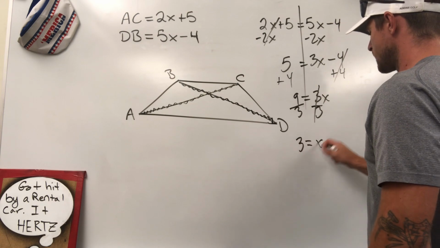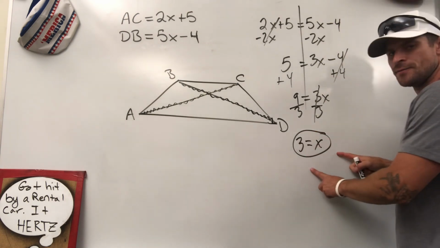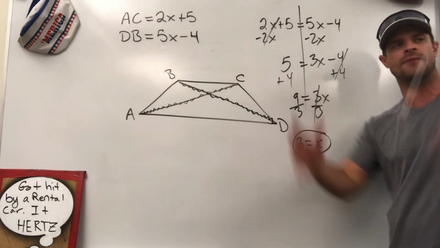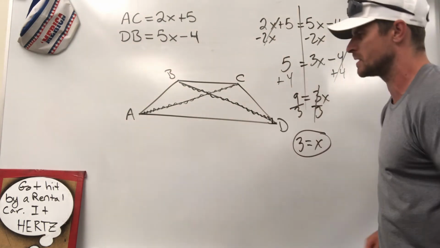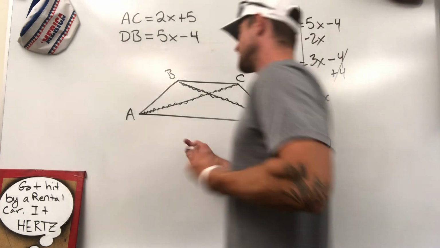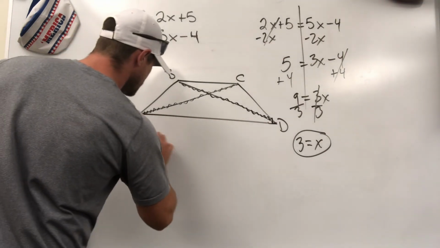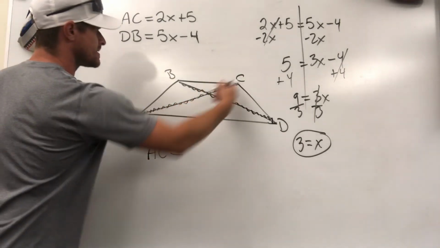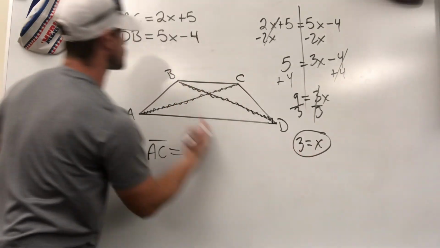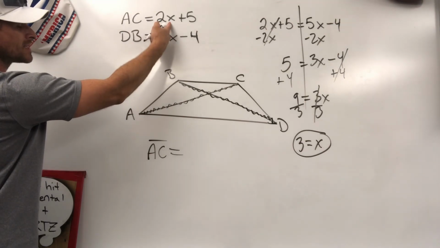3 equals x. Now this is great if you get to this point. A lot of times I'll have students who think that they're done. Hey, I found x. Clap it up for me, Mr. Bielik. I will not clap until you're done, because I'm asking you what is the distance of AC. If I want to know the distance, I need to take my value for x and replace the x in this expression with 3.